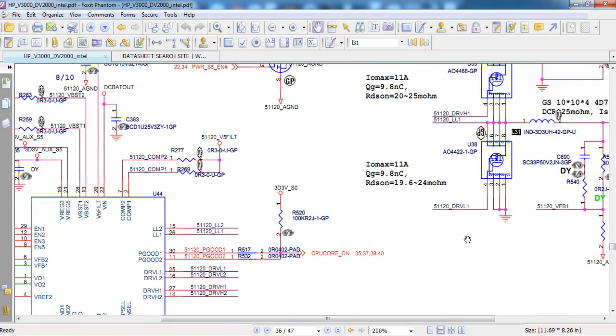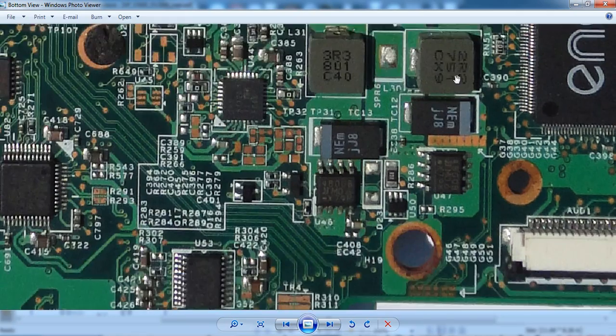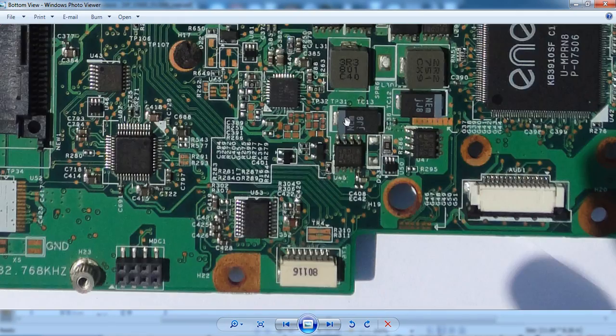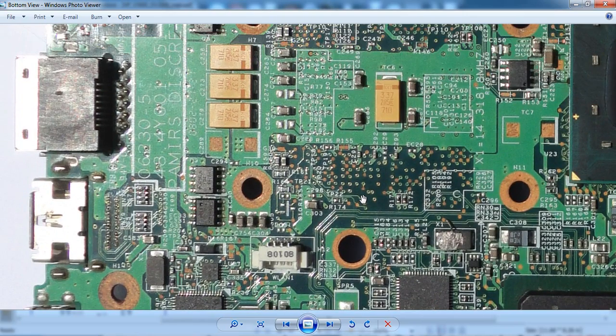This is L31. So these two are inductors. There are so many inductors on the motherboard. The inductors are used to trigger or balance the voltage.